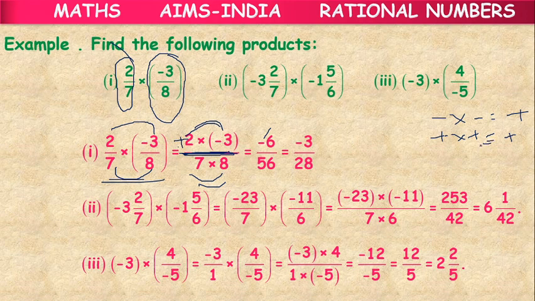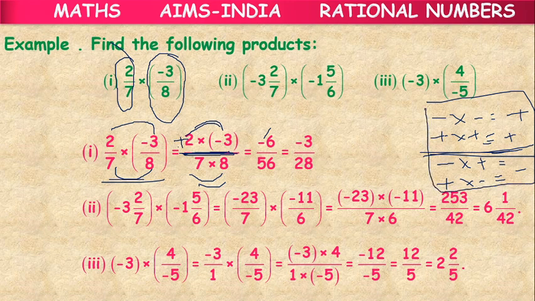When we multiply similar signs, the product is always positive. When we have opposite signs like minus into plus or plus into minus, it always results in negative, which we have learnt already in earlier classes. So directly we say here, plus into minus equals minus.